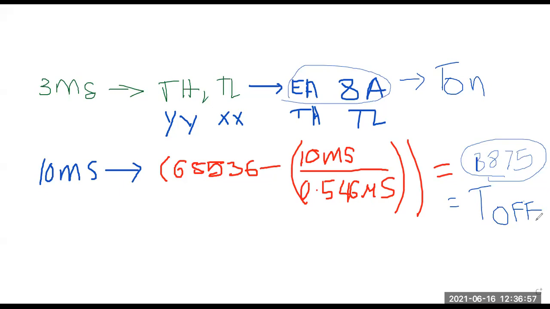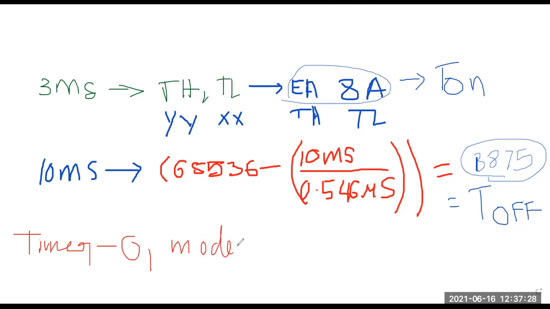So in the question, they are not mentioning which timer we have to use and in which mode we have to use. So by default, we'll use timer 0 in mode 1. Usually the default will be timer 0 in mode 1 only. If they are not given anything else, we'll take timer 0 in mode 1.